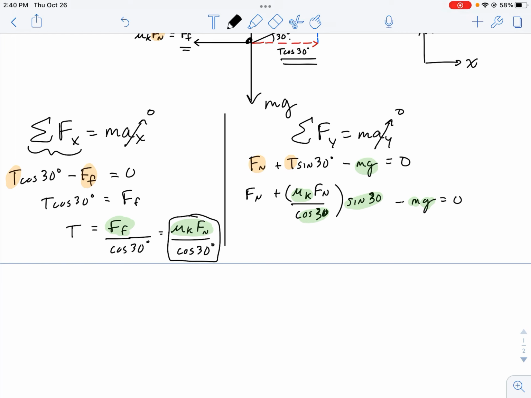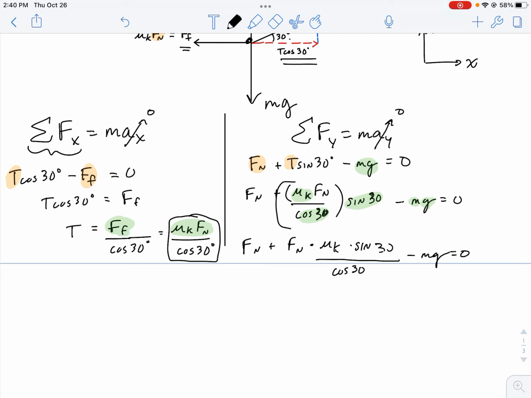I'm going to rearrange this as Fn plus Fn multiplied by mu sub k times sine 30 divided by cosine 30, minus mg equals 0.